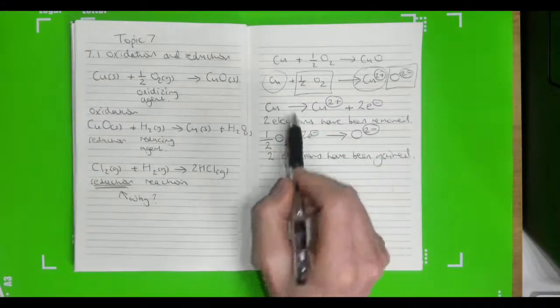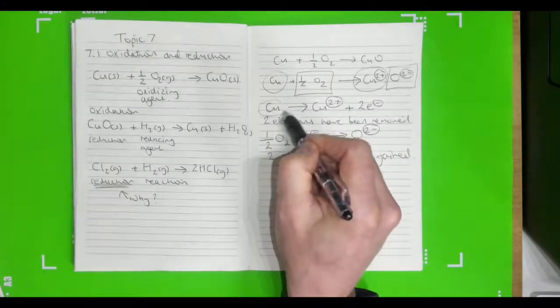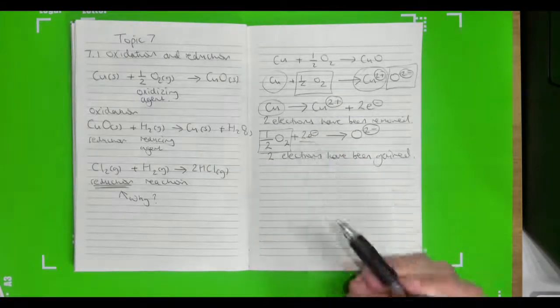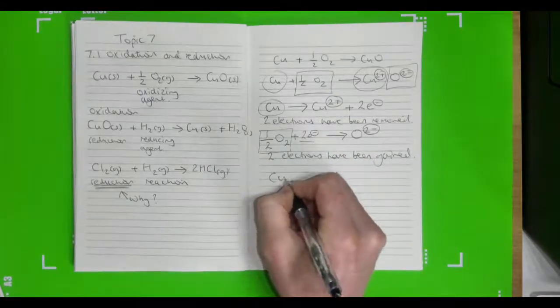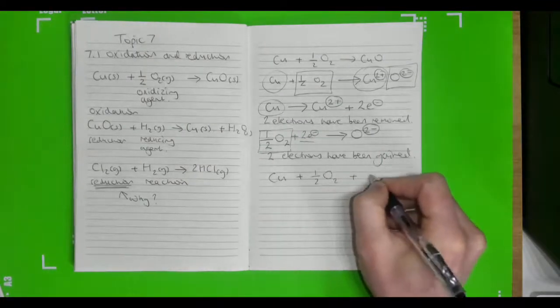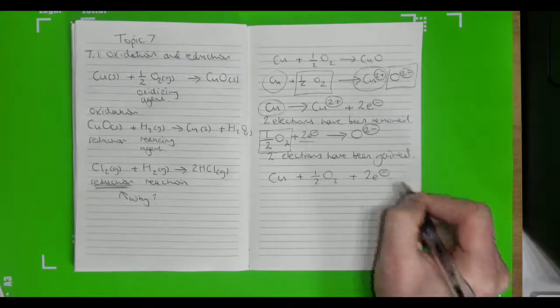So to start off with, we've got Cu and a half O2 and 2 electrons. So we write Cu plus a half O2 plus 2 electrons.